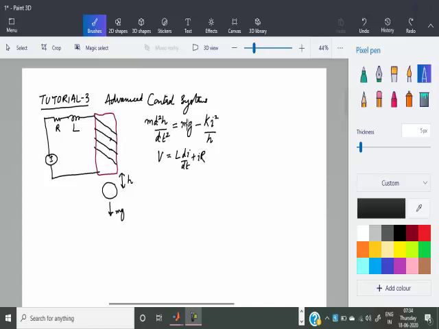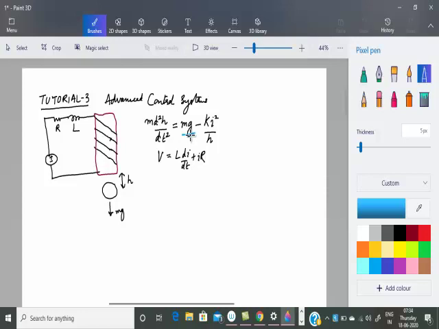The two forces that are acting on the ball are the magnetic force and the gravitational force. So this is your magnetic force, and this is the gravitational force. This is the force because of the induction in the coil and the magnetic field produced, which is proportional to the square of the current, as you all know.